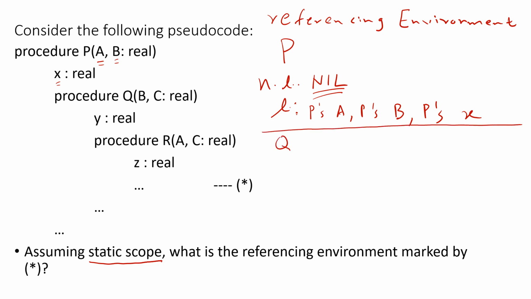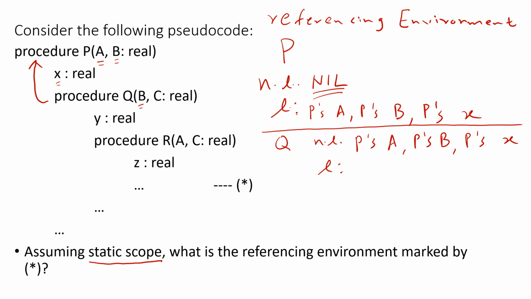Now we have to calculate the referencing environment for Q. First we calculate the non-local referencing environment. As we know, Q is defined in P, so everything from P is copy pasted into the non-local compartment of Q. So we take P's A, P's B and P's X. And then we compute the local referencing environment.